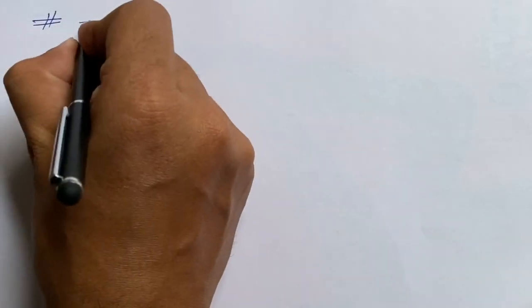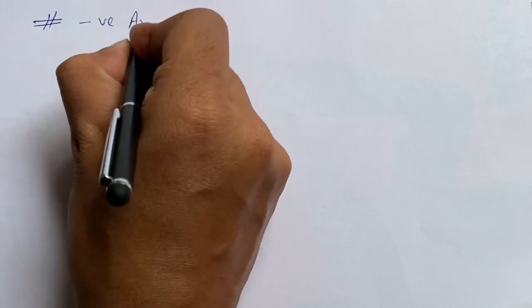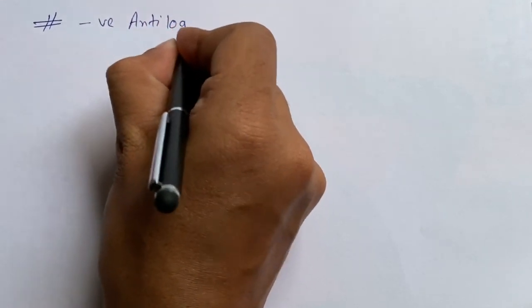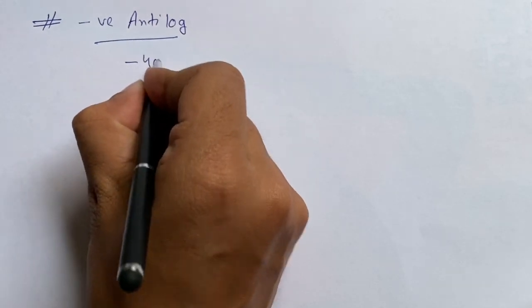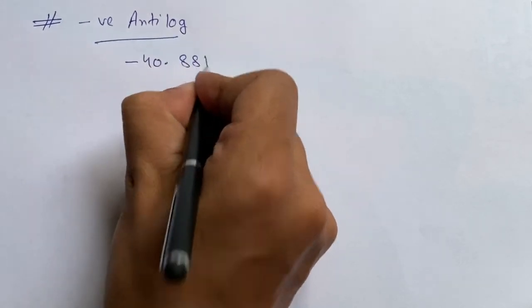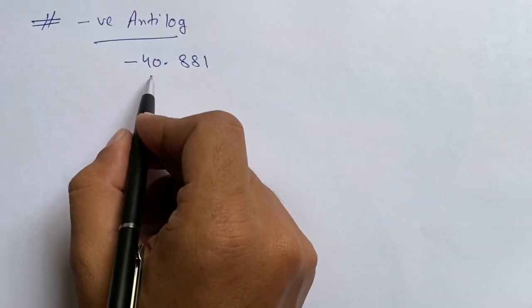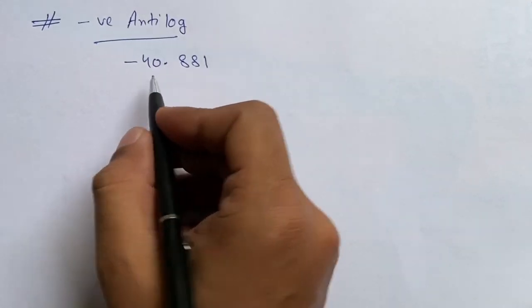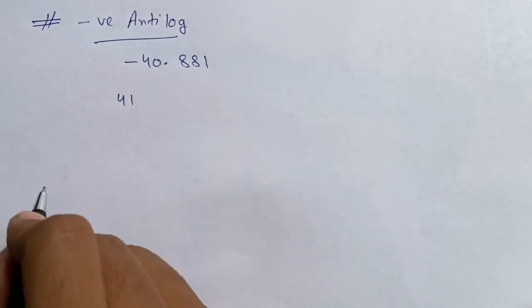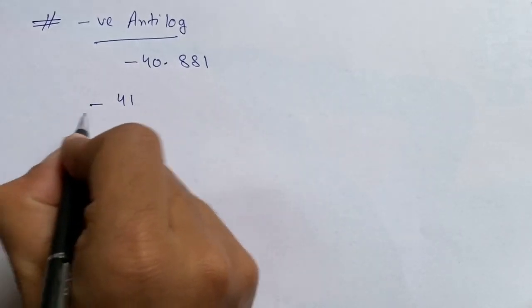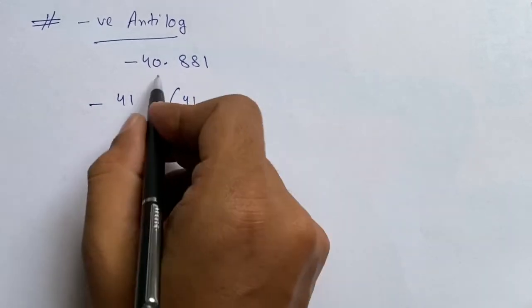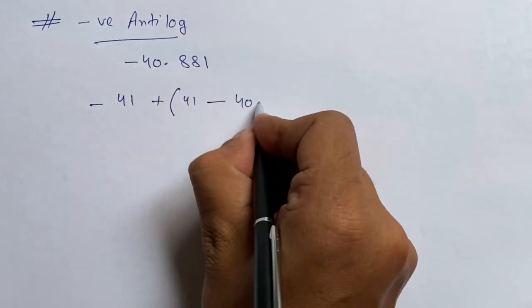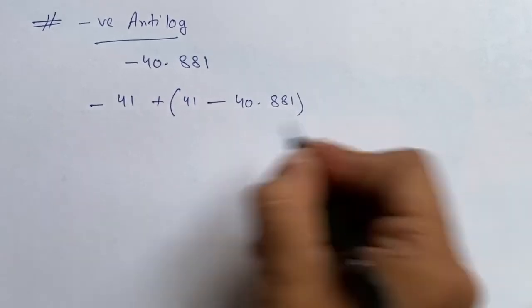Now students, taking example of negative antilog, that is I am taking example minus 40.881. Now the number bigger than 40 is 41. So how to write it? Minus 41 plus 41 bracket minus this whole term 40.881.